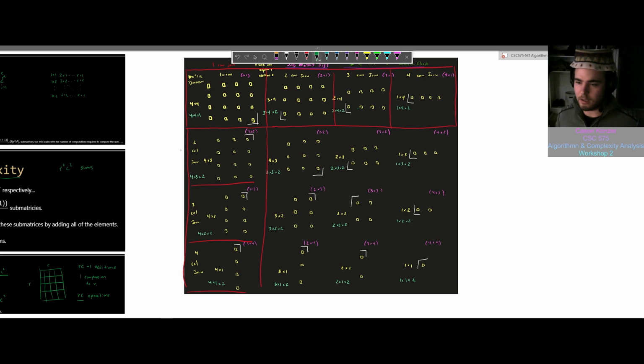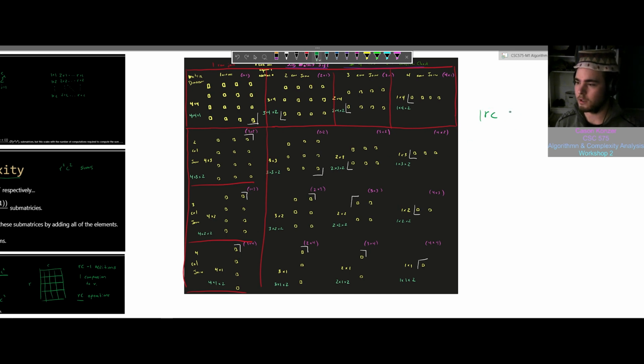And you can get an idea of how much space this takes up through an approximation. You can say that in the worst case, each one of these matrices has RC values, and you need to store that R plus C times.